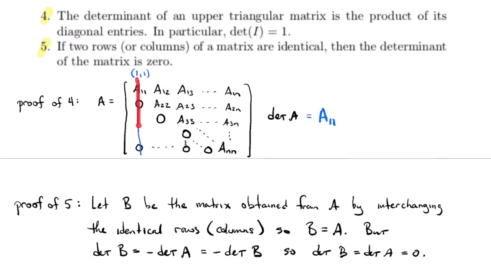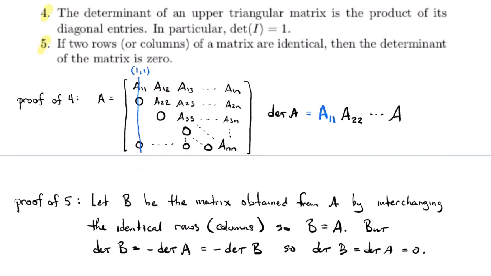But if we just continued the pattern, I would cofactor expand along this column, getting in the 2, 2 position, 2 plus 2 is 4, so I'd get 1 times A2,2 times the determinant of the remaining thing, and so on. When you're all done, the determinant would just be the product of its diagonal entries.